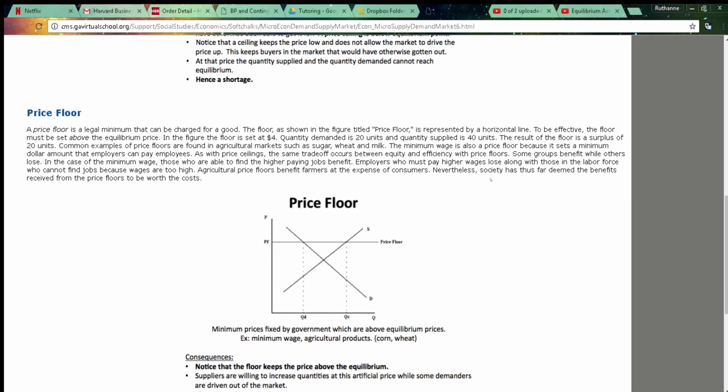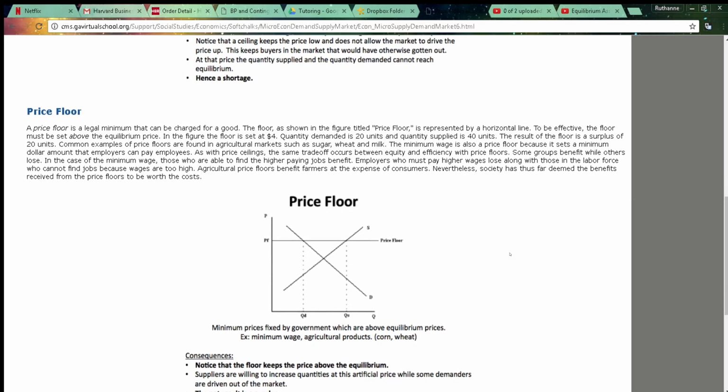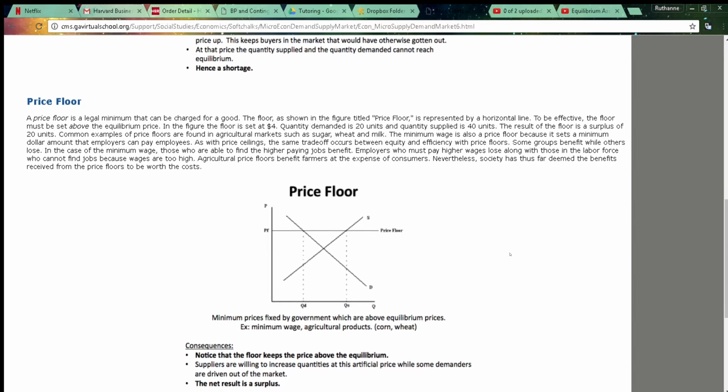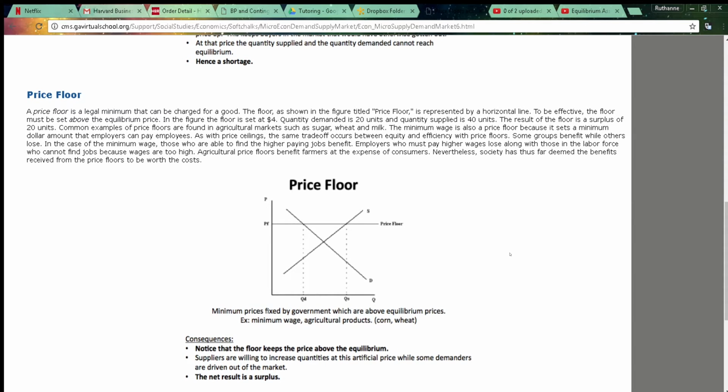So a price floor is the minimum that can be charged for a good. This is going to apply a lot of times to agricultural workers because it will prevent large industries from taking advantage of economies of scale.